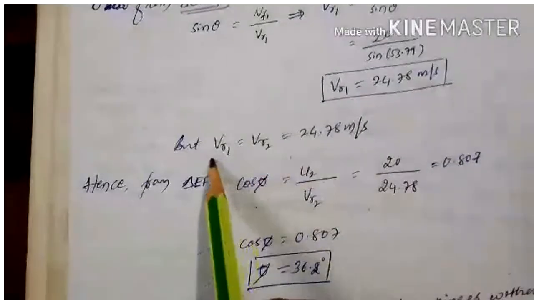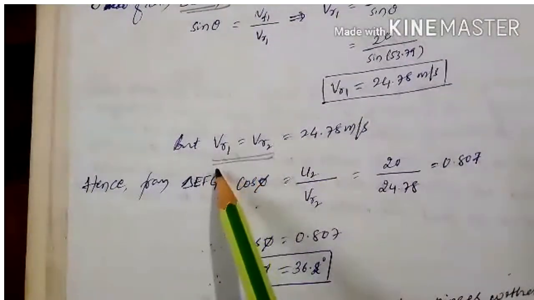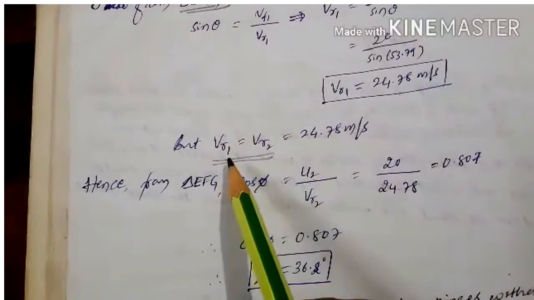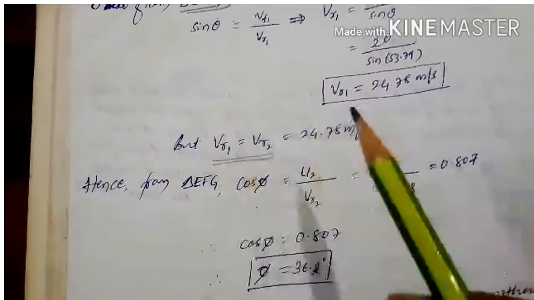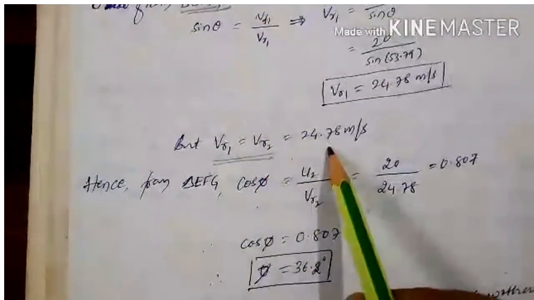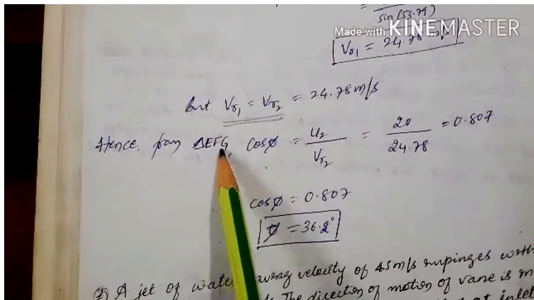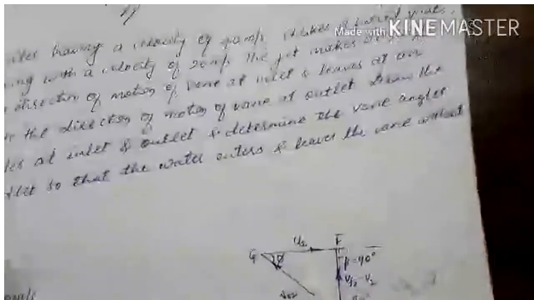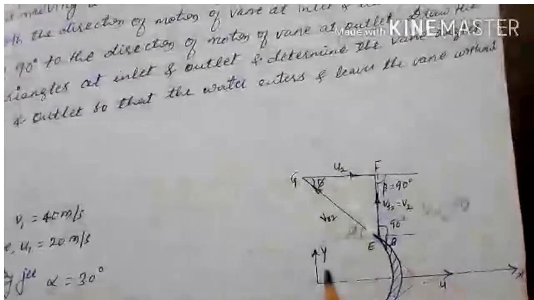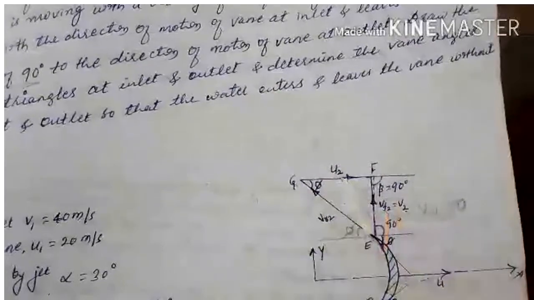But VR1 is equal to VR2 because the passage of blade is assumed very smooth, there is no frictional loss, hence VR1 is equal to VR2. Then refer to the outlet velocity triangle EFG, this one.